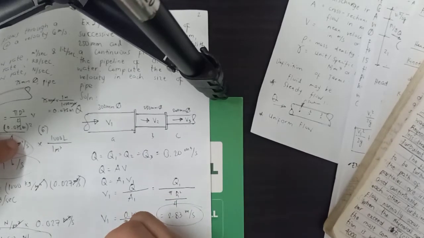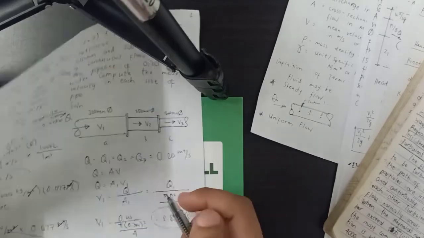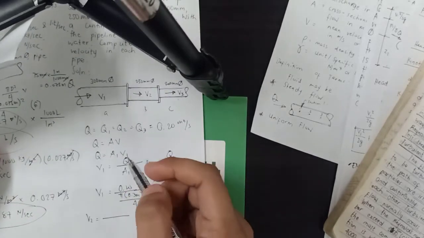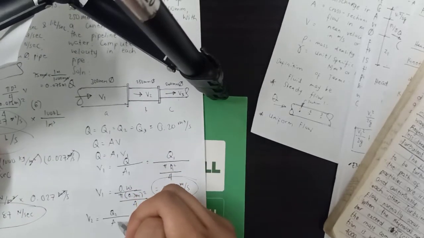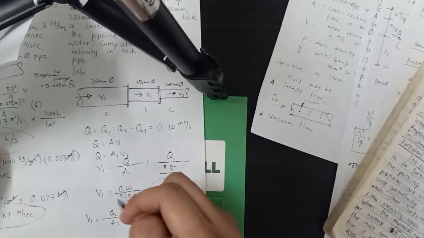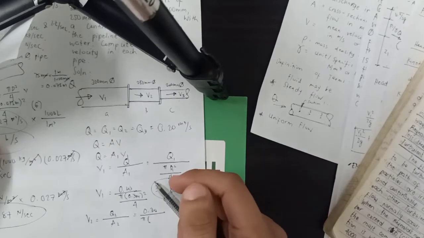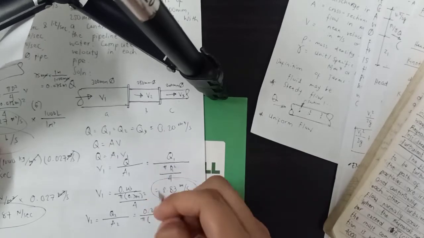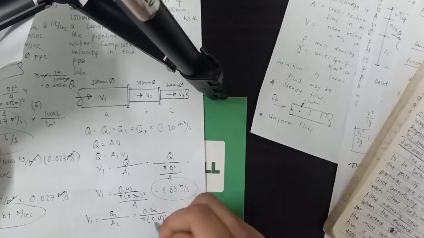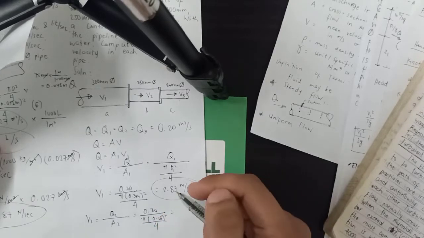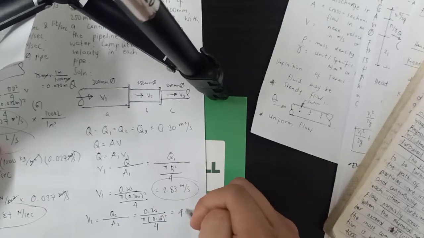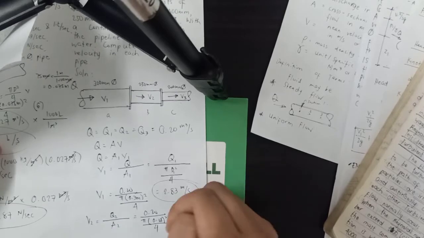V sub 2, we can do it directly: Q2 over A2, 0.20 over pi times 0.25 squared over 4. Therefore, V sub 2 is 4.07 meters per second.